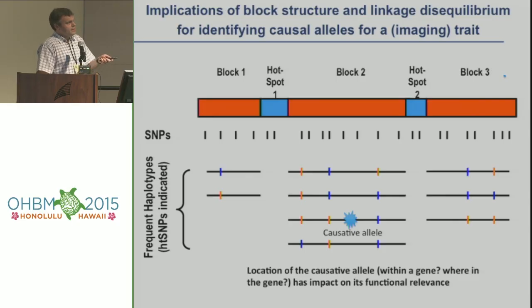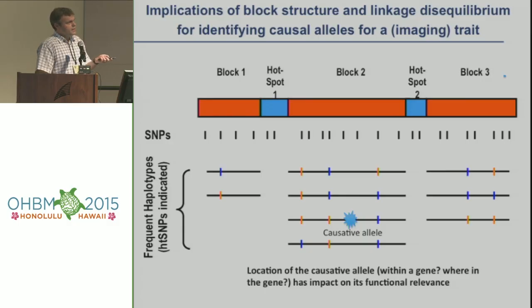That has an advantage because it reduces the number of SNPs that you have to genotype to systematically test the haplotypes that are present in the population. It has a disadvantage because once you find association with one SNP, you never know whether this SNP is the causative SNP.